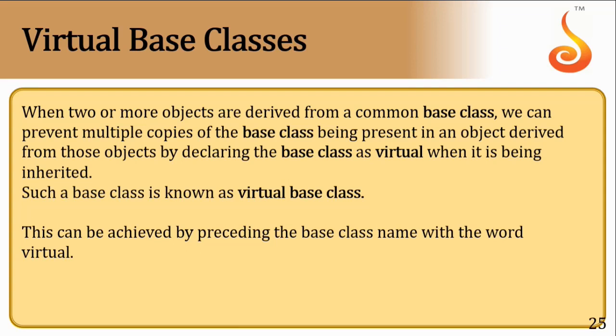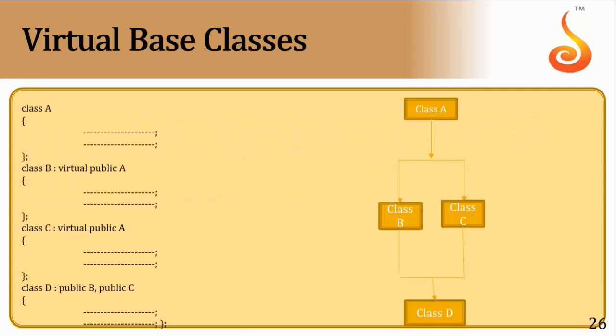For example, I have class A. From that, I derive class B and class C. So class B will have properties of class A as well as class C. Then I derive a class D through multiple inheritance from B and C. So D will get copies of A from B and copies of A from C. So there will be more than one copy, right? It gives rise to ambiguity. That is why we declare it as a virtual base class, so that only one copy gets inherited.